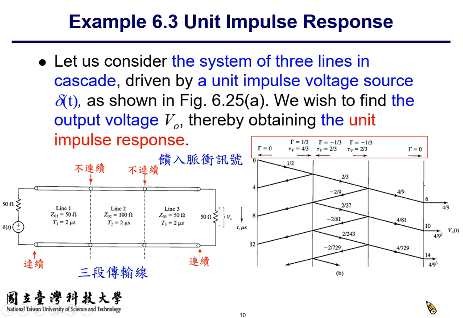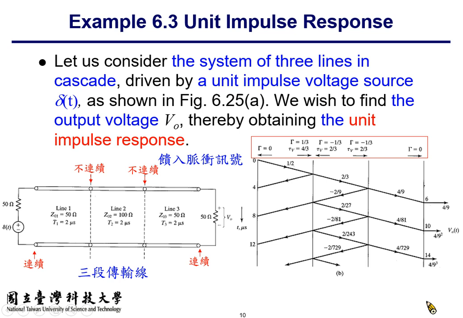So you can continue this to find out the signal magnitude in between, and find the magnitude of the signal that reaches the left-hand and right-hand sides. So here, at what time instance do you observe the second impulse on the right-hand side? That will be 10 microseconds.